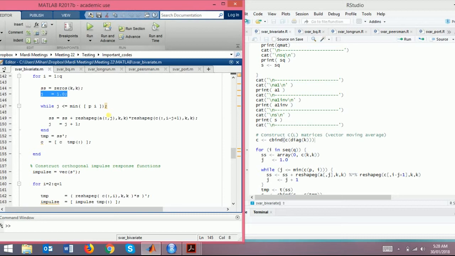We take the smallest elements in each column. So while J is less than or equal, because the moving average parameter here will not exceed the autoregressive parameter, P rows and I columns, the structure.